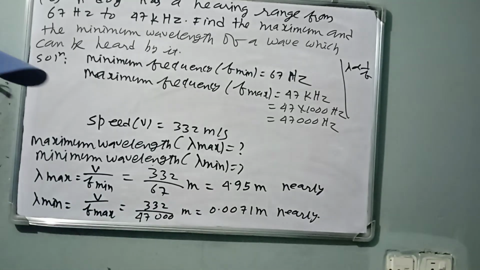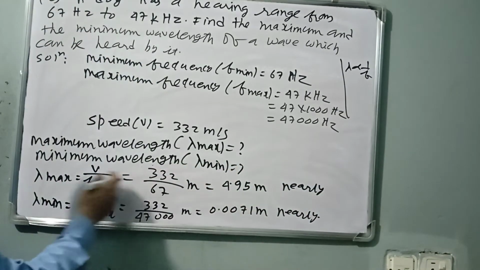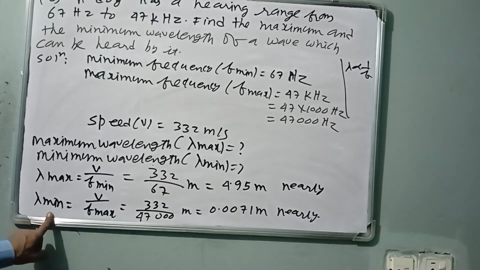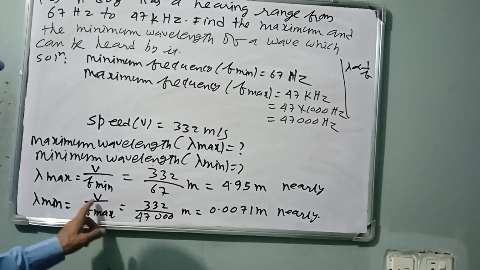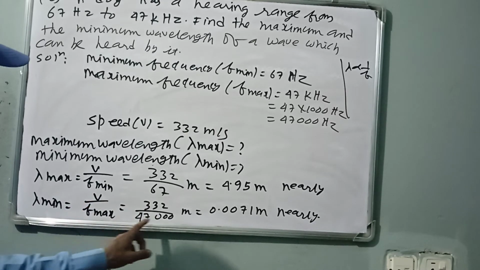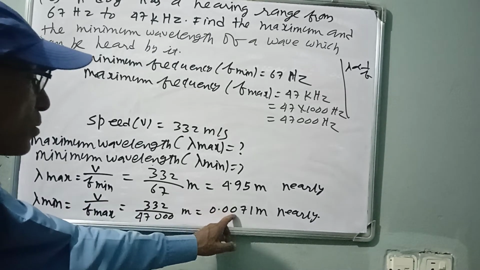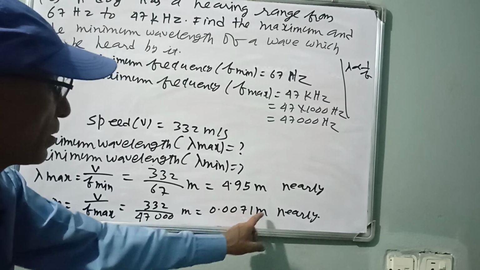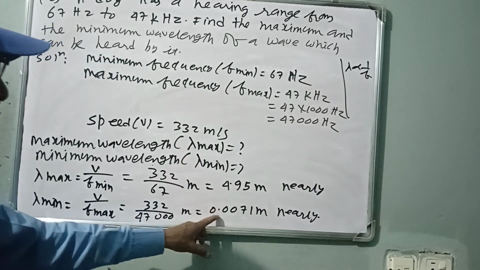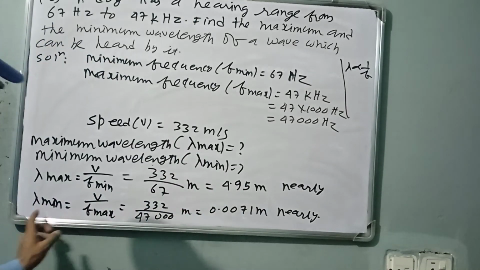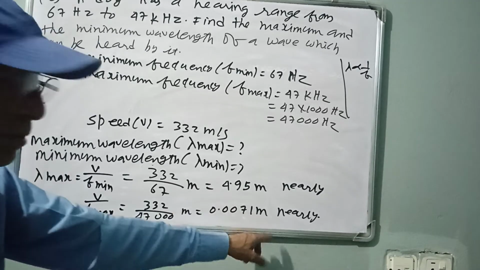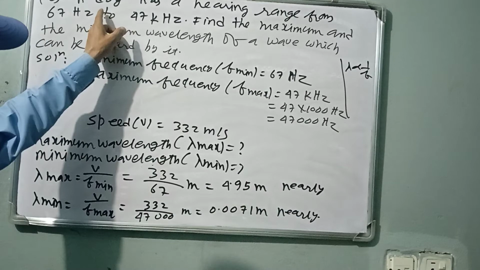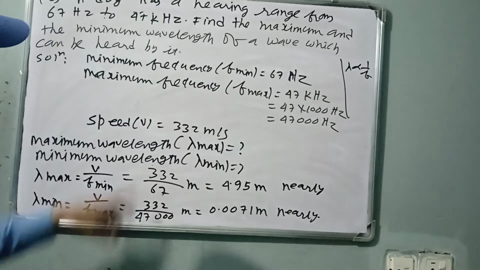A dog can hear a sound wave of 4.95 meter length. The minimum it can hear is velocity by maximum frequency, 0.0071 meter, that is 0.71 centimeter, the smallest. Minimum wavelength 0.0071 meter and maximum wavelength 4.95 meter can be heard by the dog.